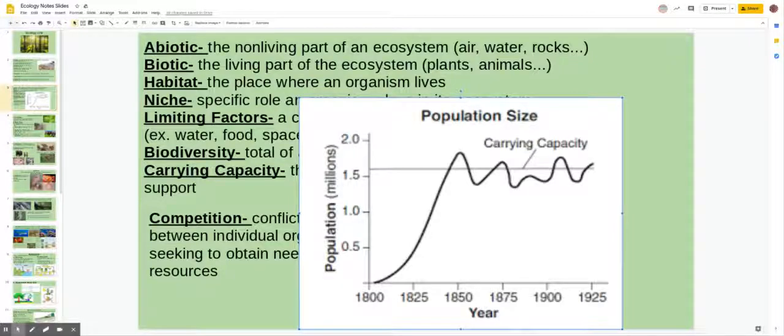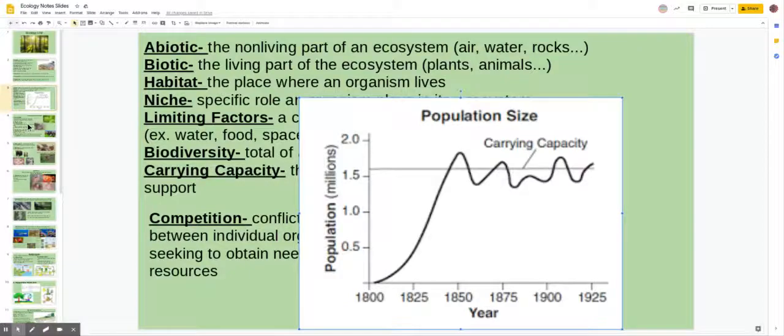And then the population will level out and recover. And there's this constant back and forth based on the conditions in the environment that establishes a fluctuating population based on the environment's carrying capacity.